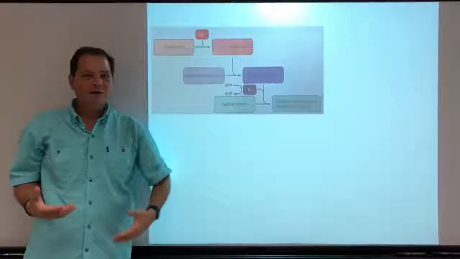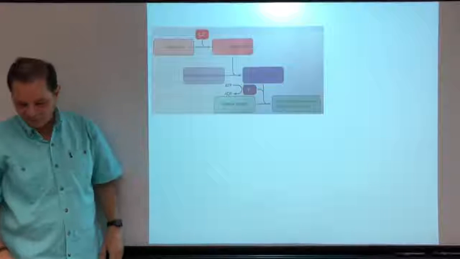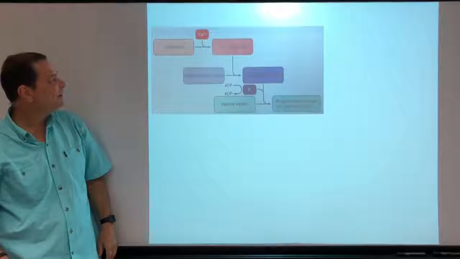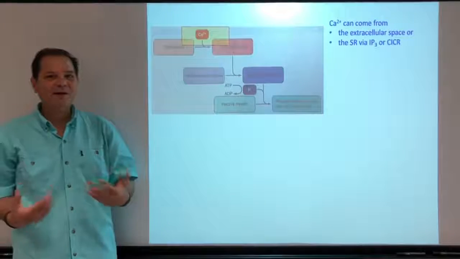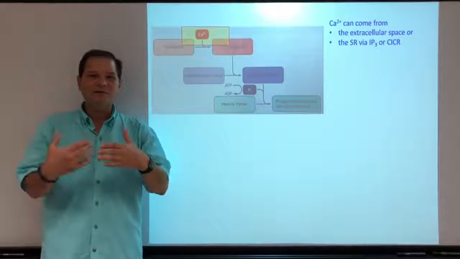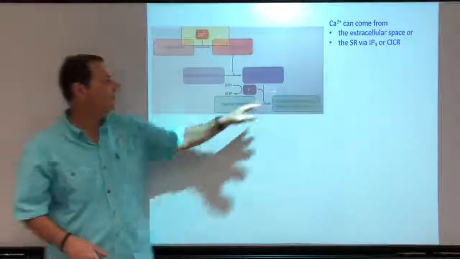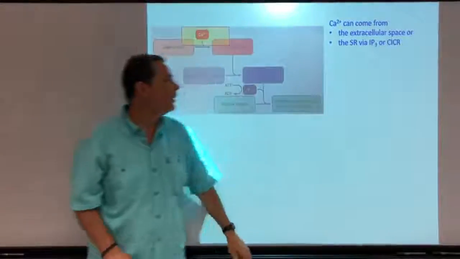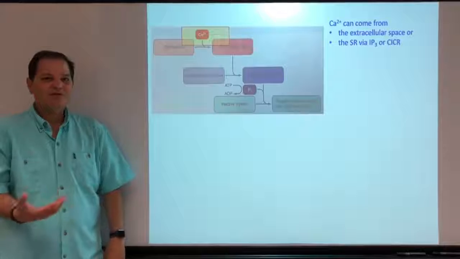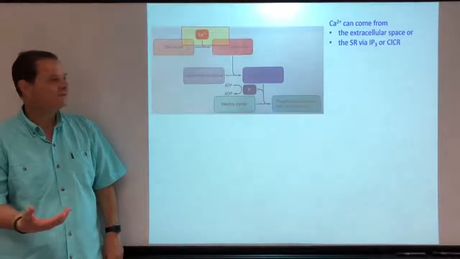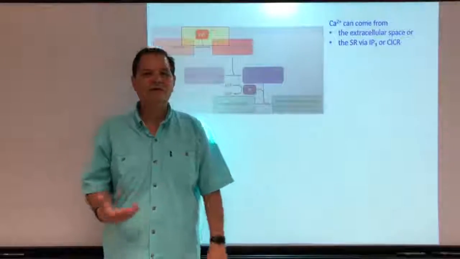So, contraction in smooth muscle is calcium dependent. So you have calcium that may come from the extracellular space across the sarcolemma, say through a voltage-gated calcium channel, or may come from the SR via IP3 receptors, which are release channels in the SR of some smooth muscle, or calcium-induced calcium release, as you may see in cardiac muscle.